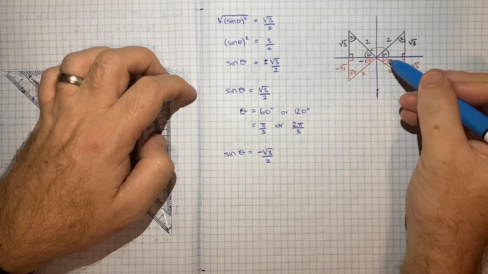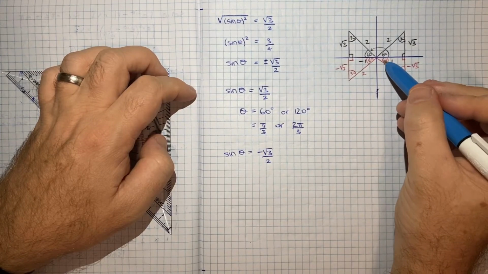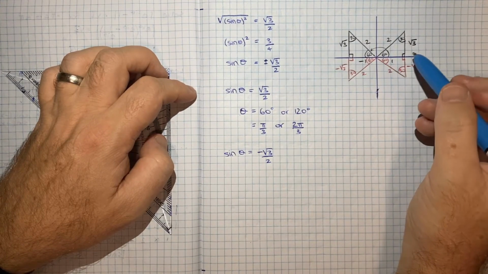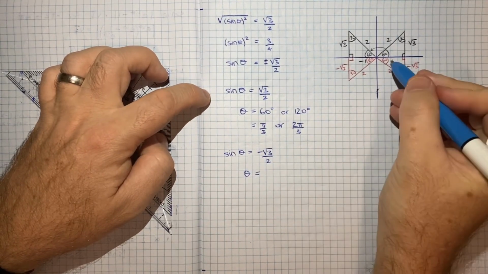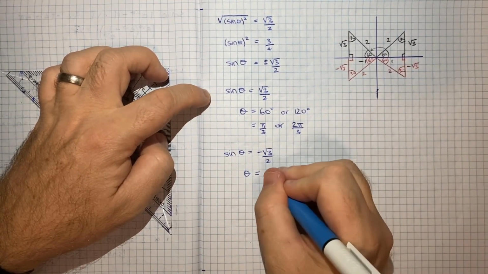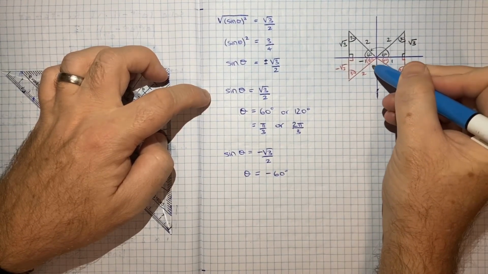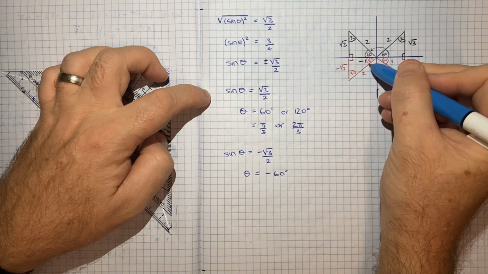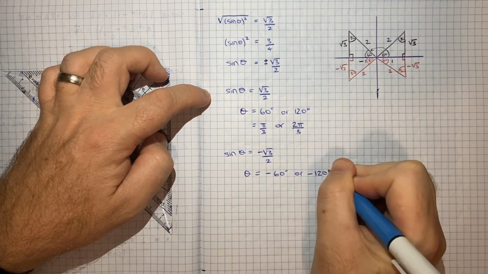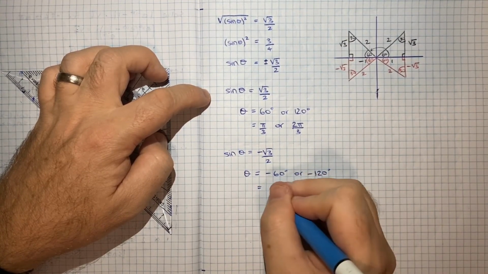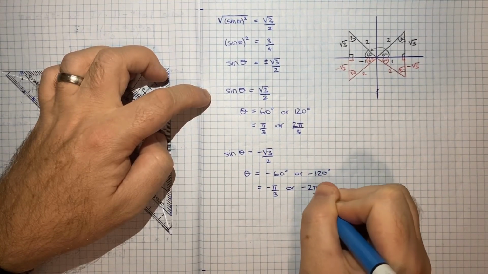So if we come 60 from the opposite direction, the sine of that would be negative root 3 on 2. So theta is equal to, coming in the other direction, negative 60 degrees. And if we come all the way further, we end up with negative 120 degrees, and that's also going to give us negative root 3 on 2. So that's effectively negative pi on 3 or negative 2 pi on 3.